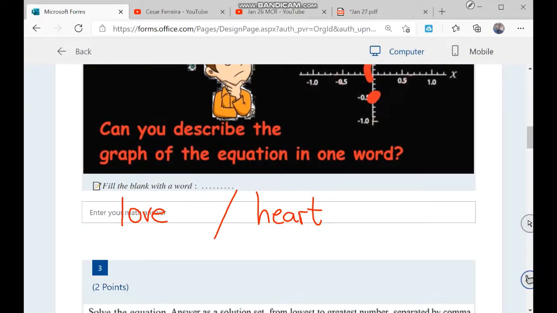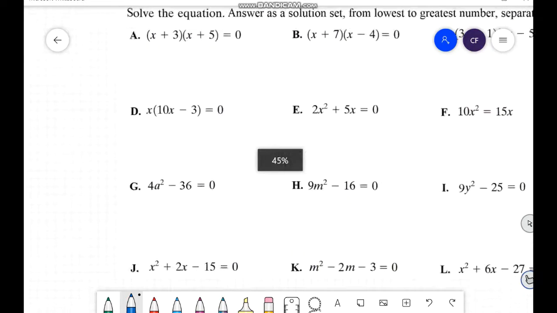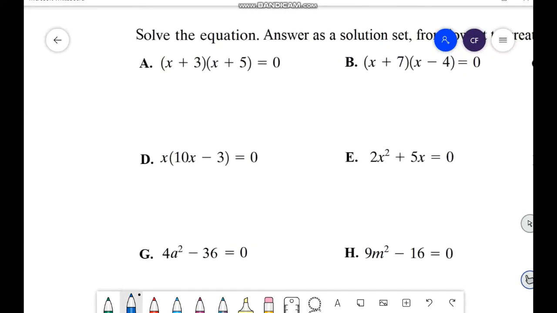Let's move now to our quiz. Let's check the easy questions first, and then we go on and increase the level of difficulty. This is kind of an easy one. How to make this equal to 0.